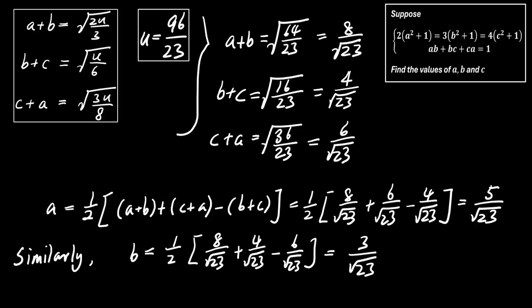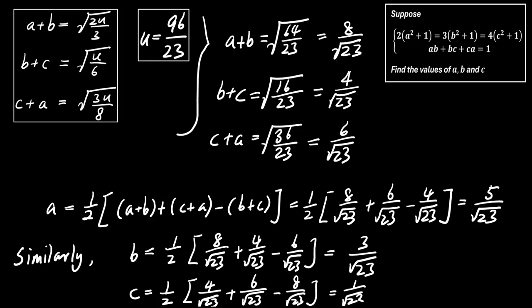Similarly, b equals 3 over square root of 23, and c equals 1 over square root of 23.